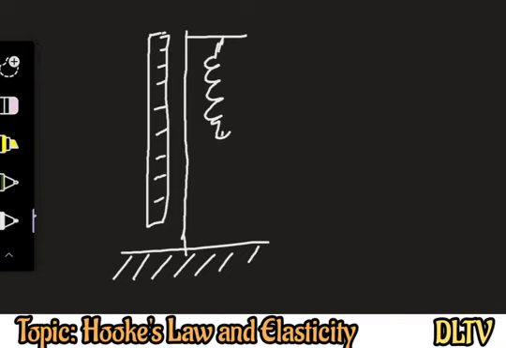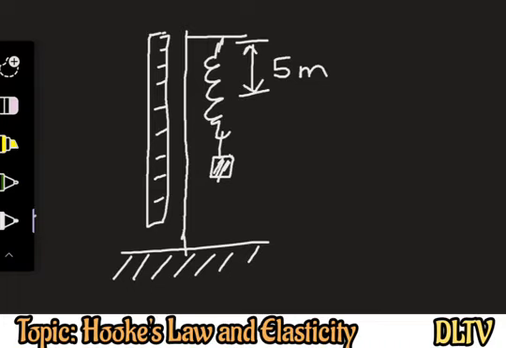So this is a weight attached to this spring balance. Now, before the weight was added, the spring balance had an original length of, let's say, 5 meters. Now this may not be practical, but we are just giving an illustration. Actually, the spring has an original length of 5 meters before the weight was added.